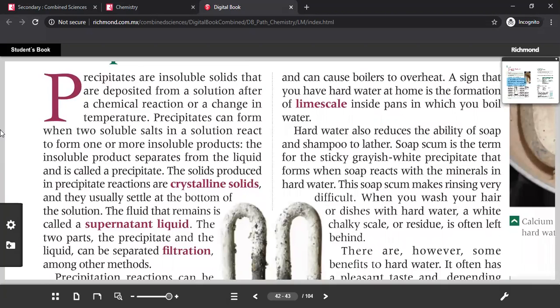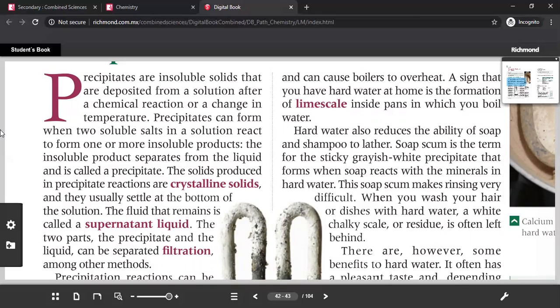The insoluble product separates from the liquid and is called a precipitate. The solids produced in precipitate reactions are crystalline solids. We are going to check the key words in a moment. And they usually settle at the bottom of the solution, usually, but not always.